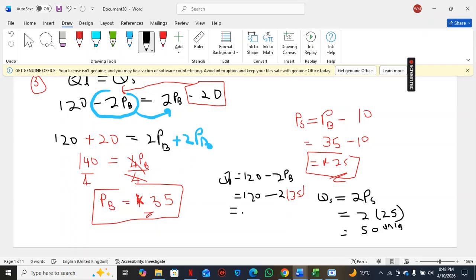So 120 minus 70, you're going to get 50 units. Colleagues, you can choose whichever you want. You still get the same. You don't have to do both in a question. You just select one, whichever function you're going to work with. You're supposed to get the same quantity. Any questions?